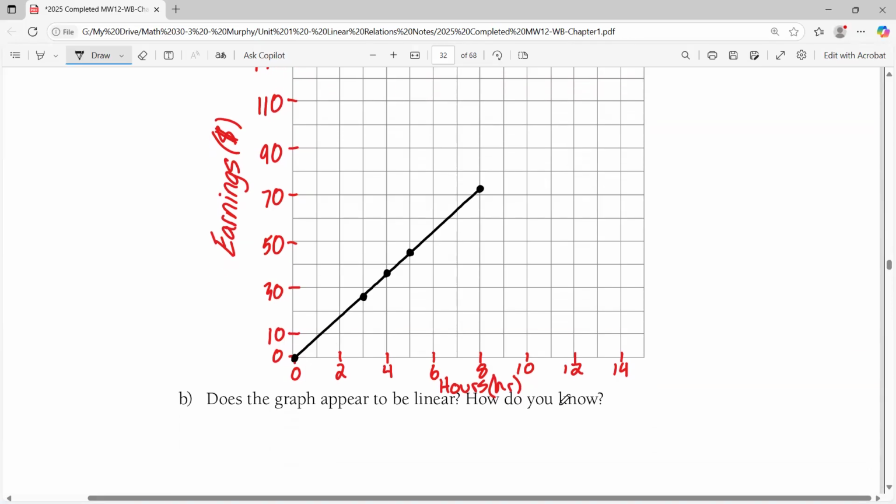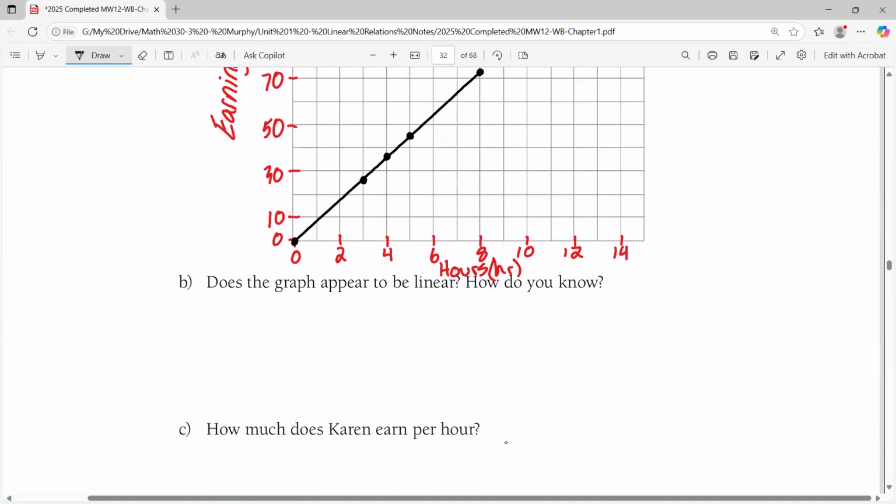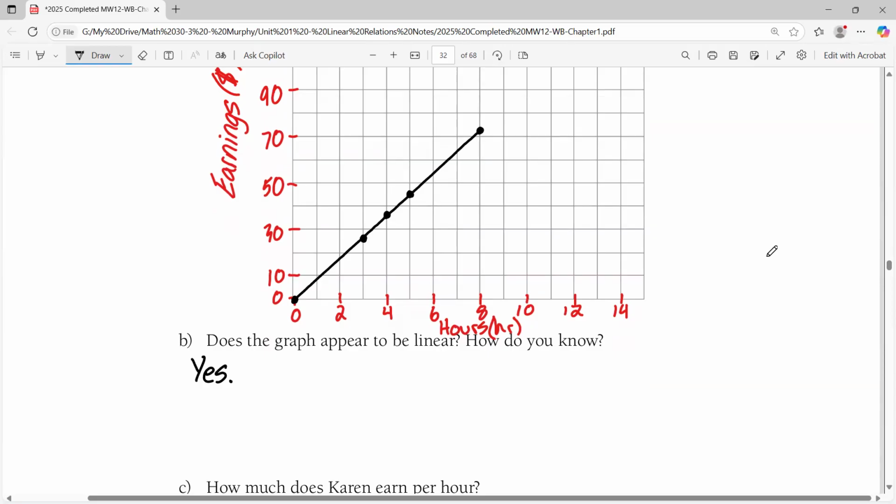And B, does the graph appear to be linear, and how do you know? Okay, the answer is yes. The only way you can truly test if a graph is linear is if you check the slope. If the slope is the same all the way along, then we have a straight line. Now, looking at it, it sure looks like it's going to be the same thing.